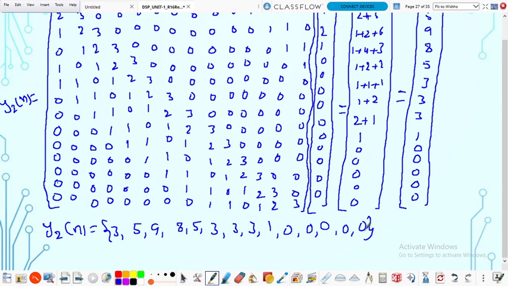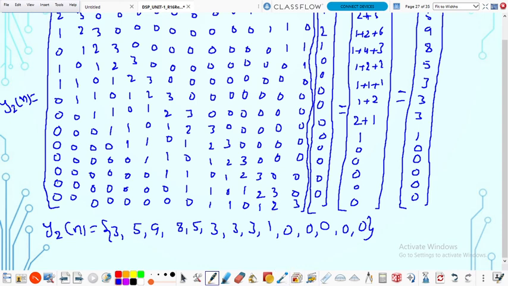So this is the second output sequence. Performing the circular convolution of x1 of n and h of n, we get output sequence y1 of n, and performing circular convolution of the second data sequence x2 of n with h of n, we get the second output sequence y2 of n.